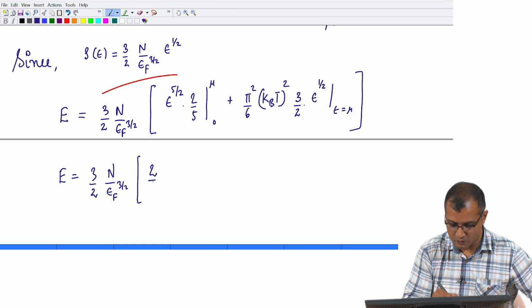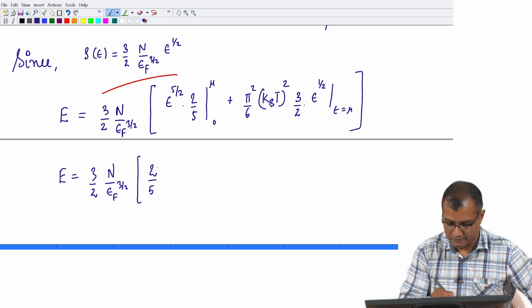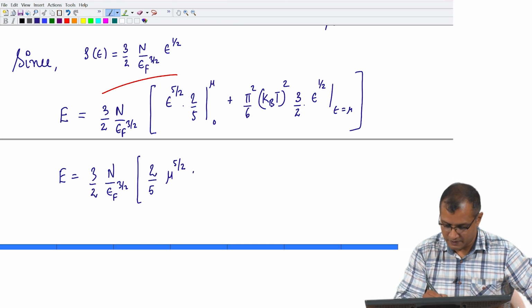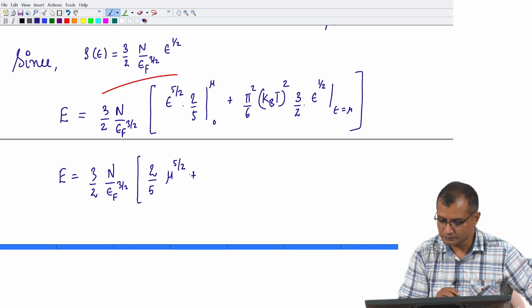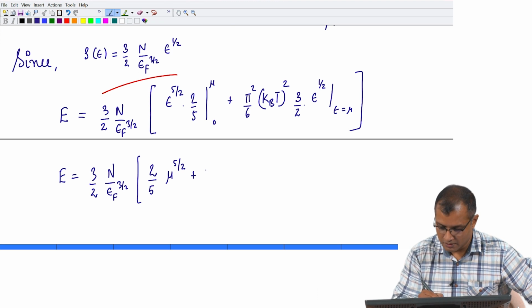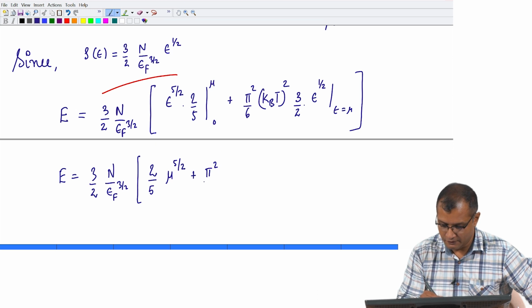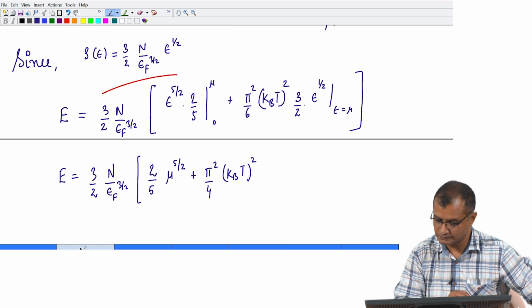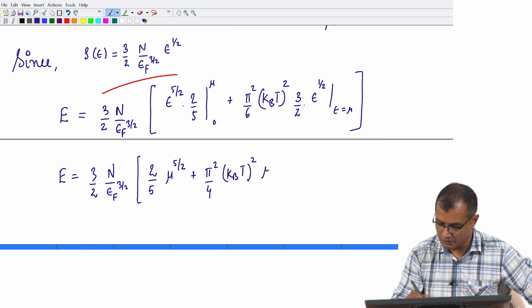So, I can write it as 2 by 5 mu to the power 5 by 2 plus pi square by 4 kBT the whole square into mu to the power half.